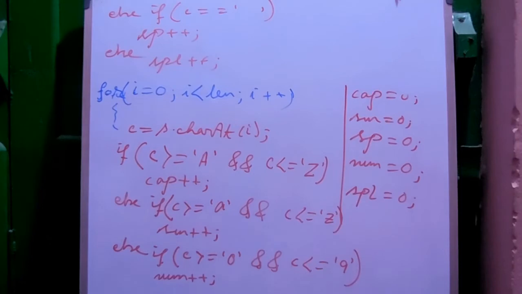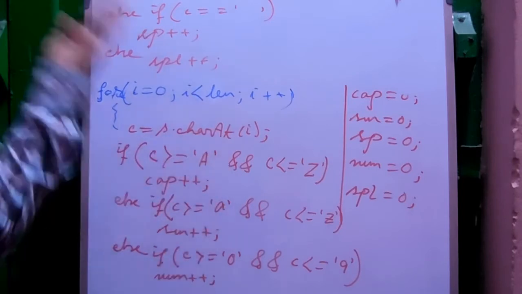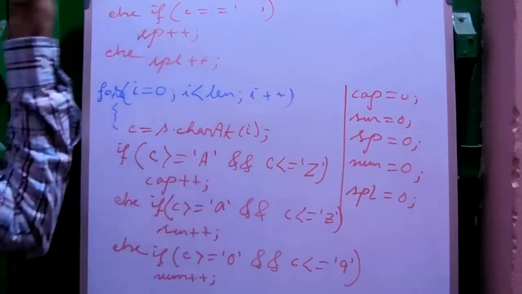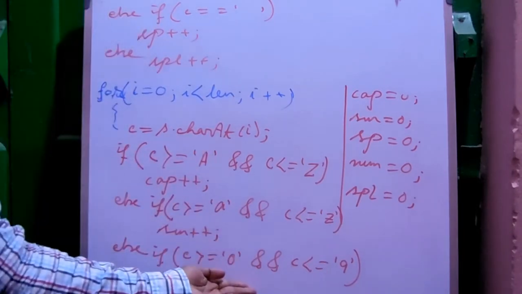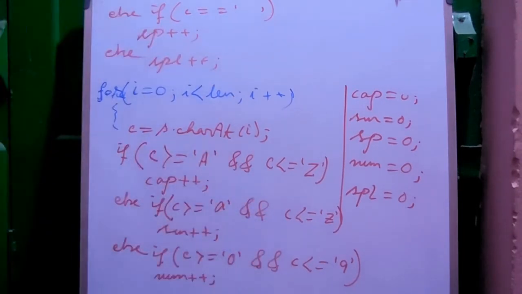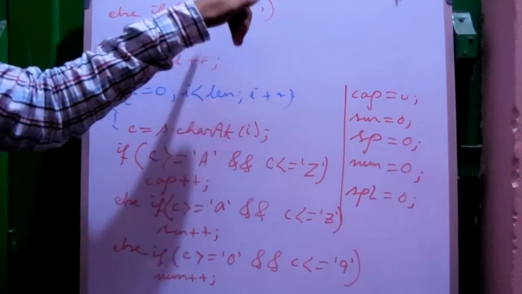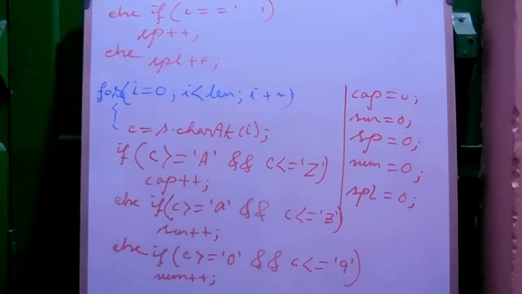Suppose the extracted character at any index is a space, a blank or white space, neither satisfying this condition, nor this, nor this condition. Then the else part will obviously satisfy, so SP will be plus plus.